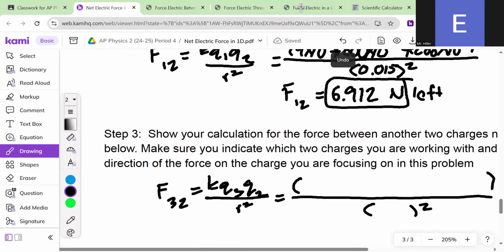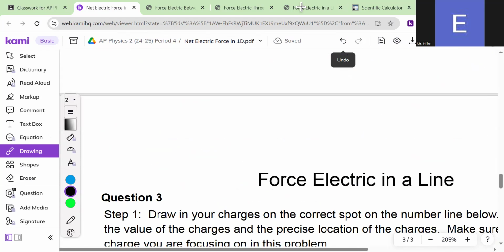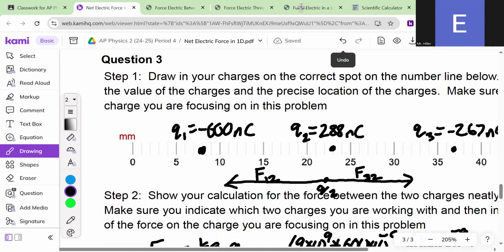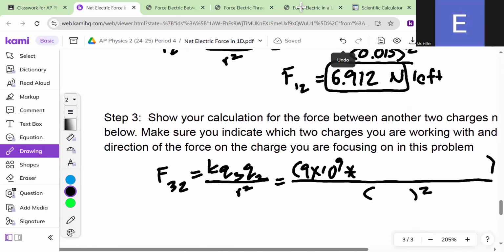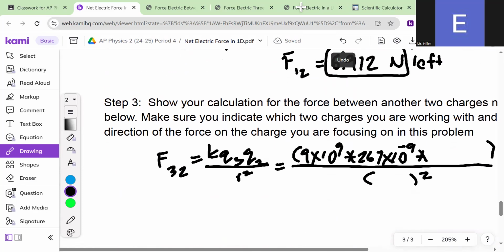Now we're going to find F32 the same way. So 9 times 10 to the 9. Q3, way over to the right, is negative 267. Remember, I don't put the negative in the equation. So just 267 times 10 to the negative 9 times Q2, which is again 288 times 10 to the negative 9.